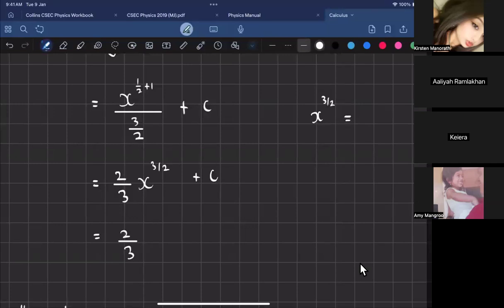I could write that as x to what power raised to what power? That's what I'm asking. Remember, when you raise a power to a power, we multiply the powers. You should figure this out because you did indices before.